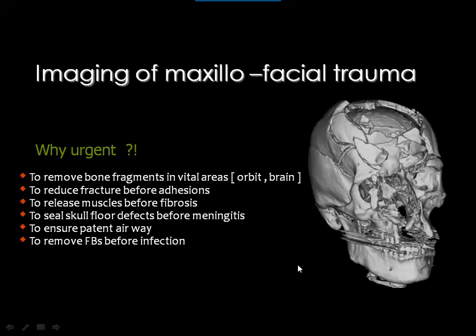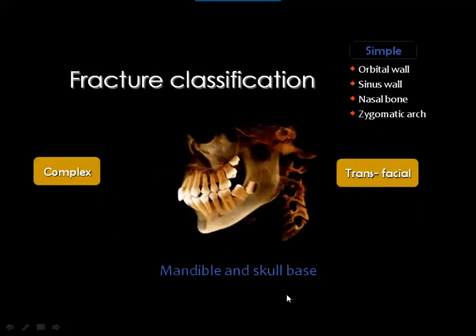According to the situation, we should have urgent study to look at the bone fragments especially in vital areas like inside the orbit and also inside the brain, to reduce fractures before adhesions, to release muscles before fibrosis like the extraocular muscles, to seal the skull floor defects before meningitis, to ensure patent airway, which is very important, and to remove foreign bodies before infection.